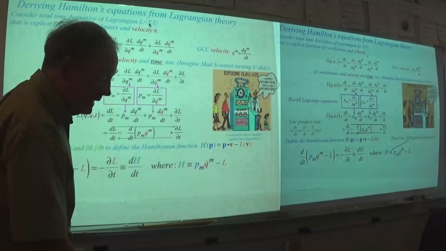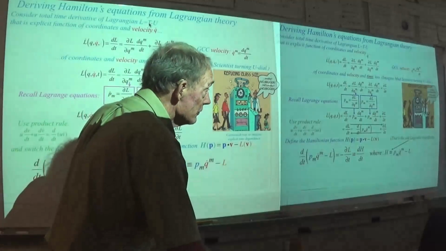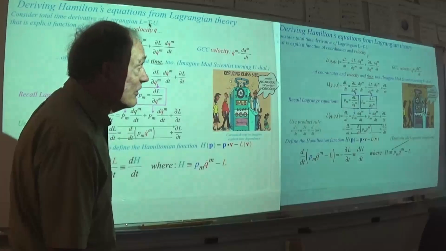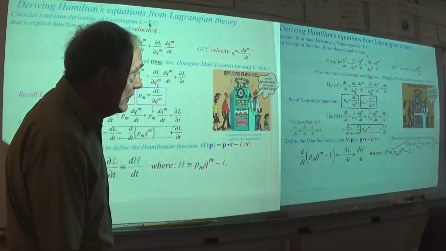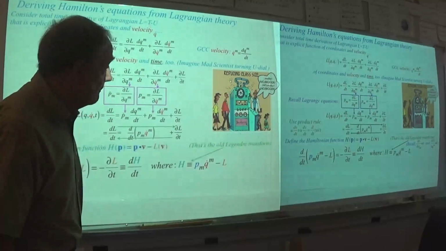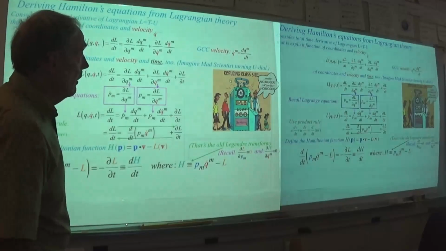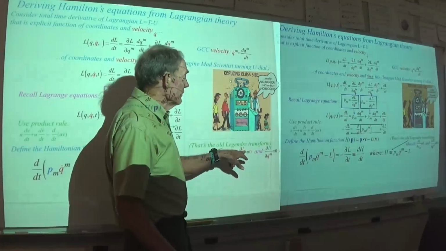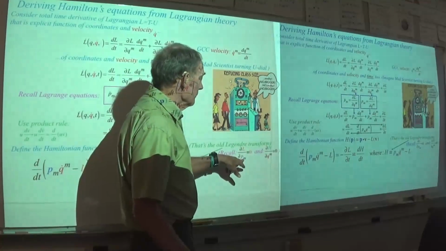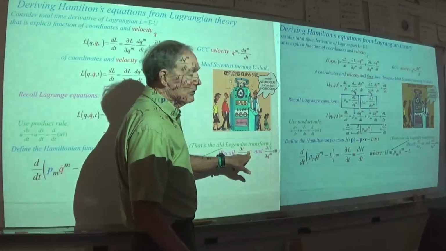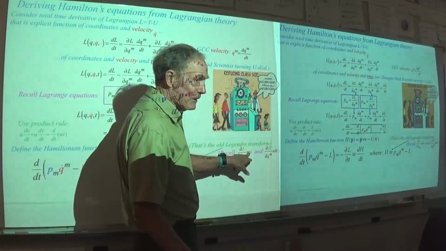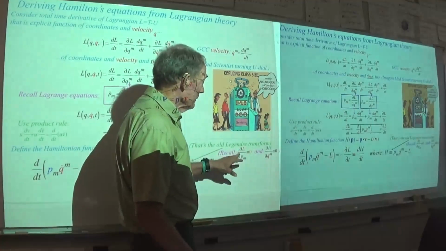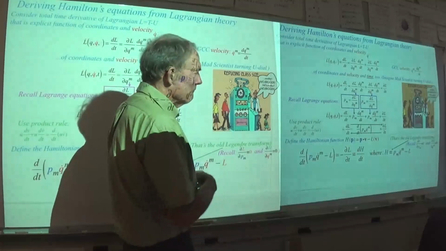Now, what else needs to be said here? The explicit dependencies need to be pointed out. First of all, we've said this many times, explicit dependence of L with respect to the momentum is identically 0, okay? But a lot of argument was needed to get this, right? This is not something that you just say and then walk away from.